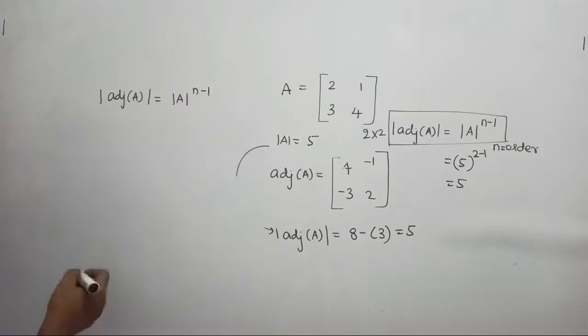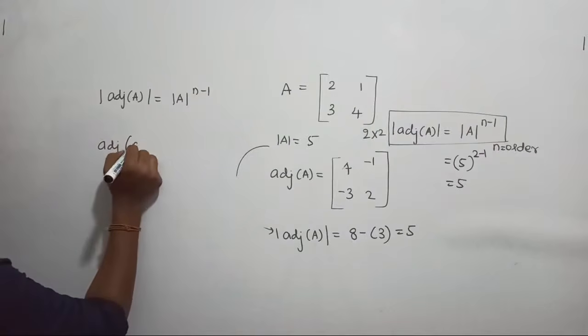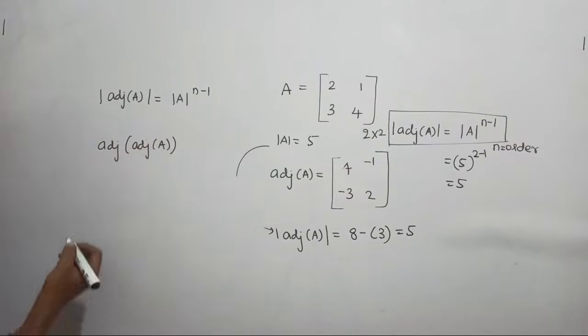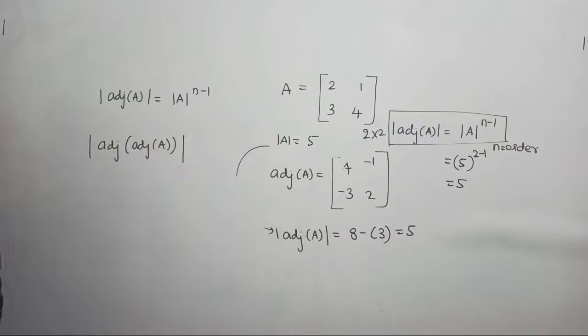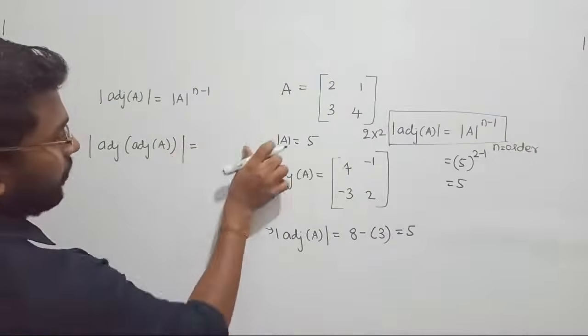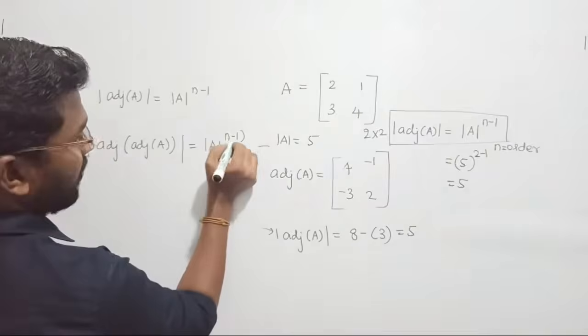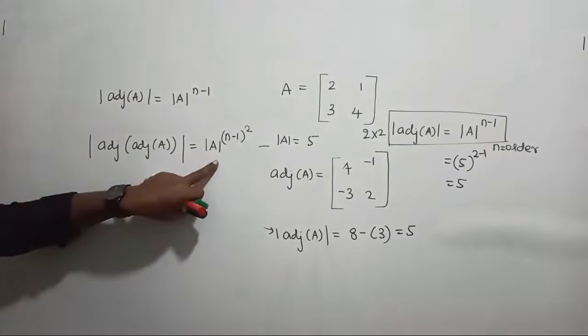In the same way, if you are asked to find the adjoint of A, take the adjoint of a matrix again, and then find its determinant, then the term will become determinant of A whole power n minus 1 whole square, because it is twice the adjoint of A, so the power will be squared.